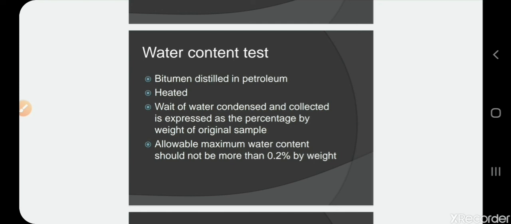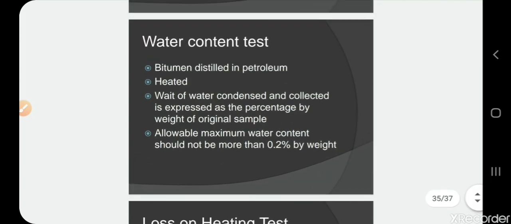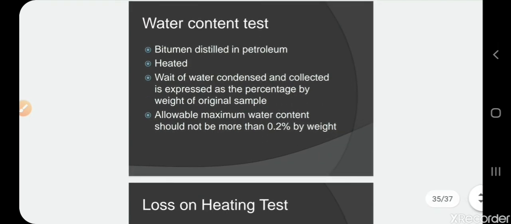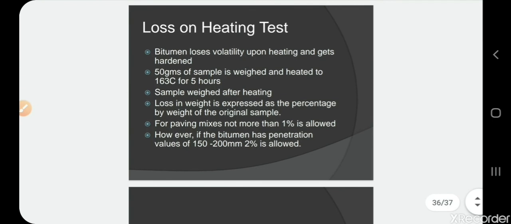What is the aim of this test? It finds what quantity of water is present in the bitumen, and at what quantity the material may be completely dry. This method is known as the water content test.